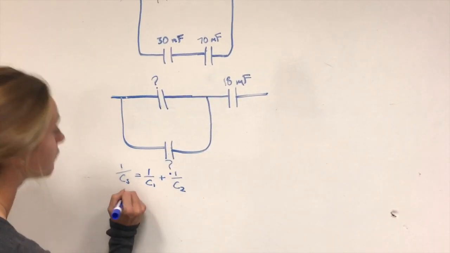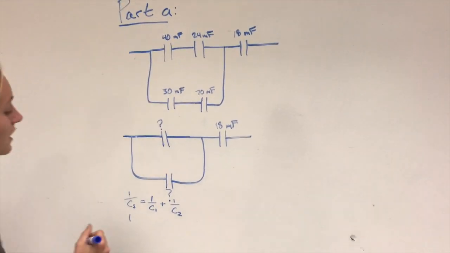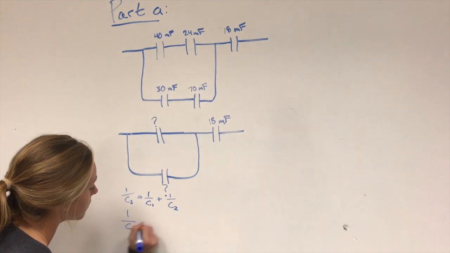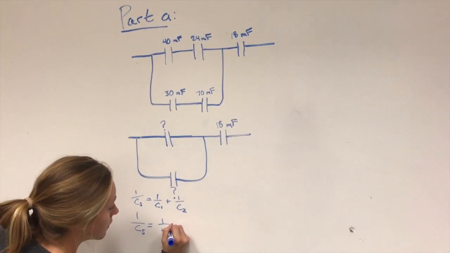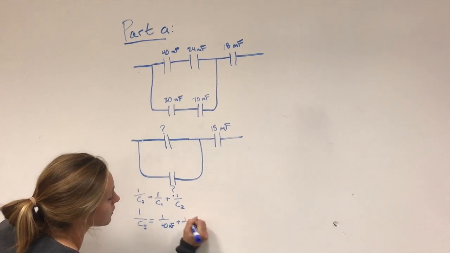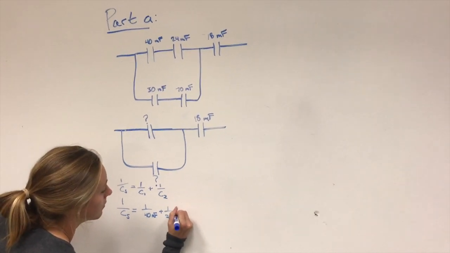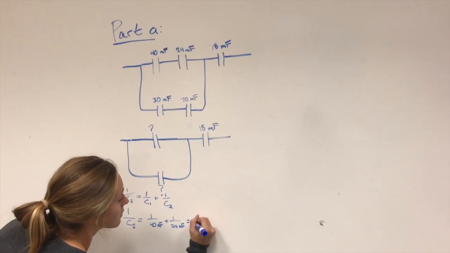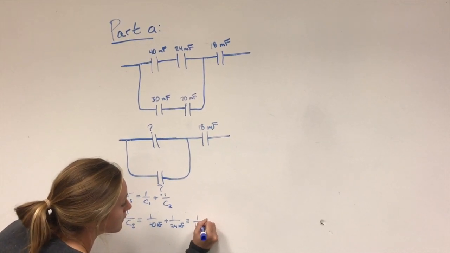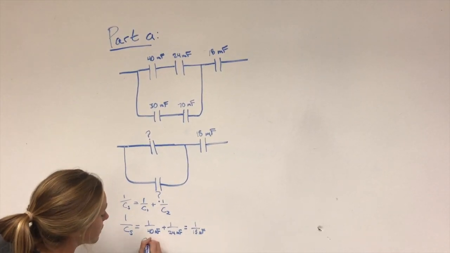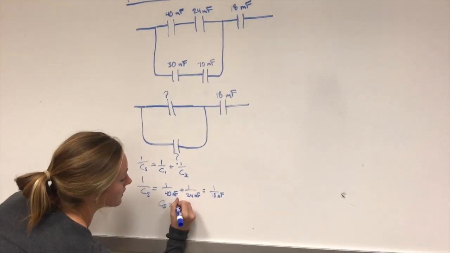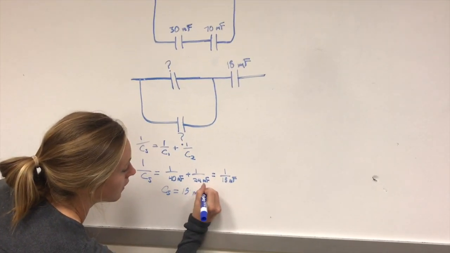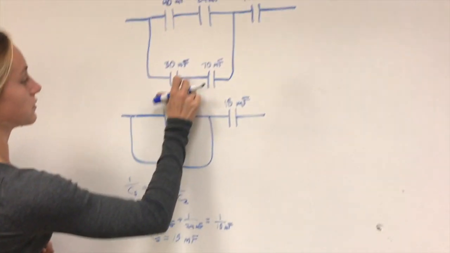So for the top series, we have 1 over CS equals 1 over 40 millifarads plus 1 over 24 millifarads, which is equal to 1 over 15 millifarads. So the first equivalent capacitance we're looking for is 15 millifarads. And I'll just write that up here.